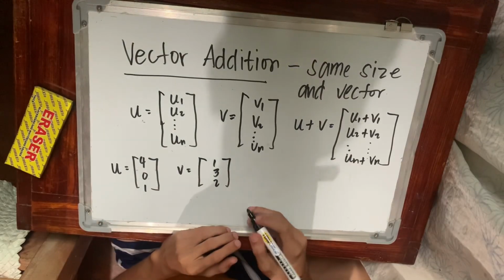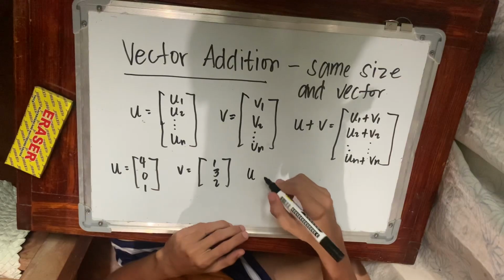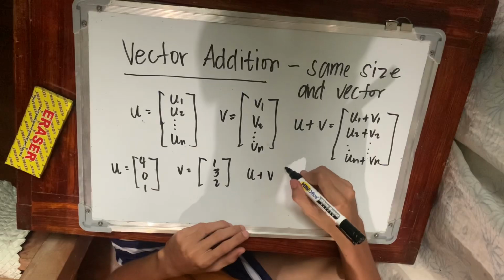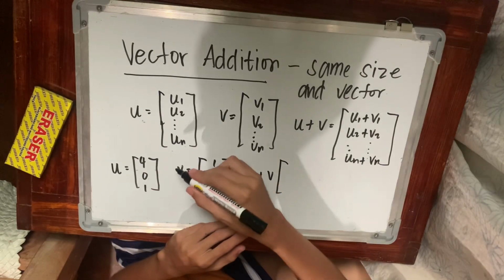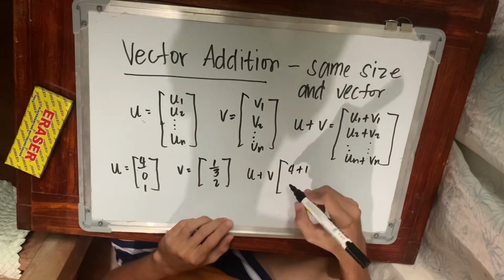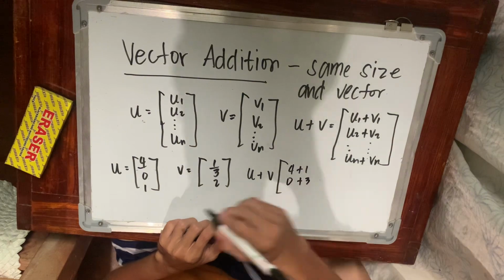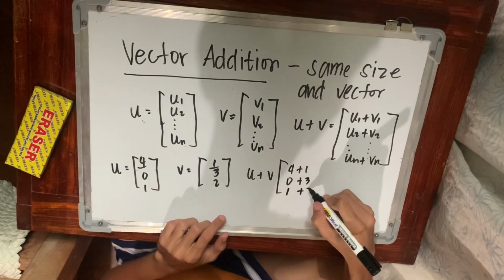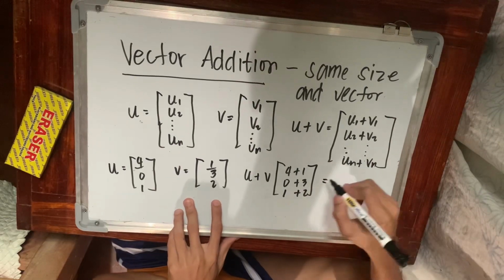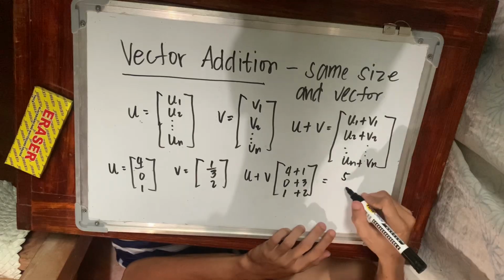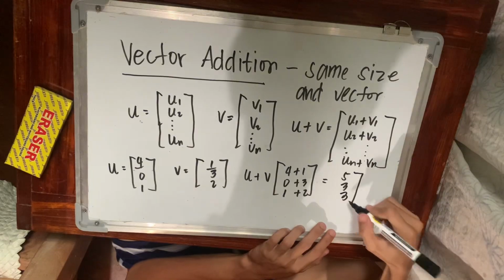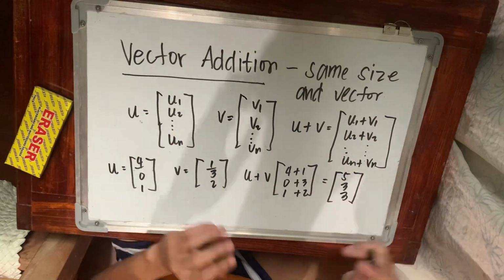If we add these vectors, we come up with vector u plus vector v equal to 4 plus 1, 0 plus 3, and 1 plus 2. So the answer is 4 plus 1 is 5, 0 plus 3 is 3, and 1 plus 2 is 3. This is how we deal with vector addition.